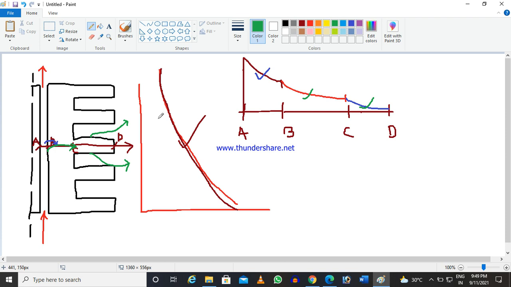Now to obtain this profile, we need to estimate the overall heat transfer, correct? Overall heat transfer is very difficult because the geometry is complicated. Conduction is quite easy, but for the convection, the convective heat transfer coefficient is not constant. It is dependent on the flow as well as the temperature.